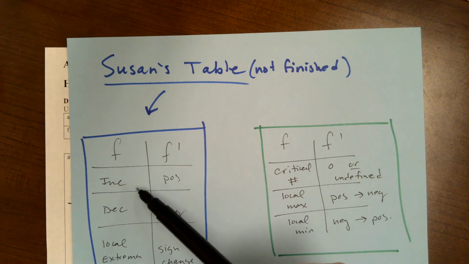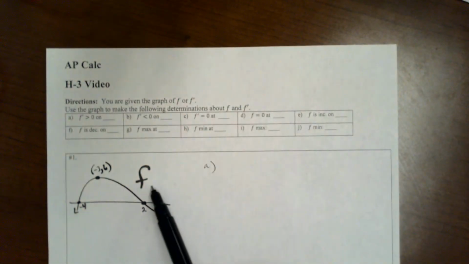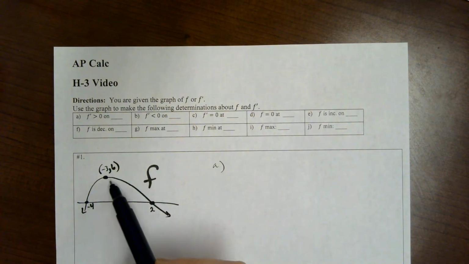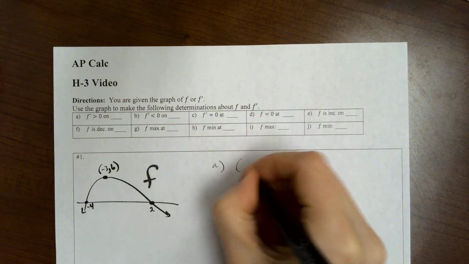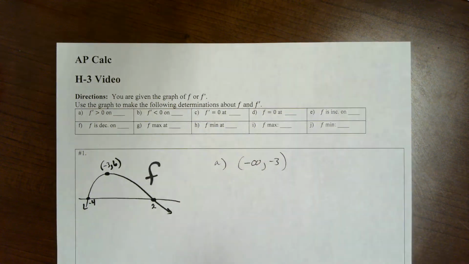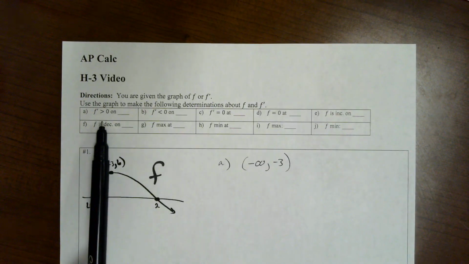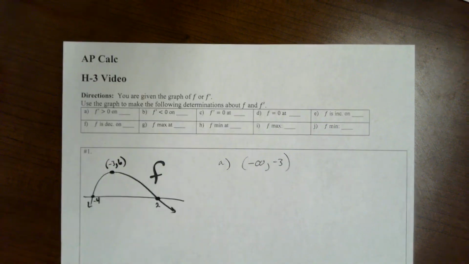So since we're dealing with the graph of F, we've got to look for where F is increasing, and that's going to tell us where F prime is positive. So this is F. It is increasing up to this value here, so it's from negative infinity up to -3. So F prime is positive on this interval because that's where F is increasing.